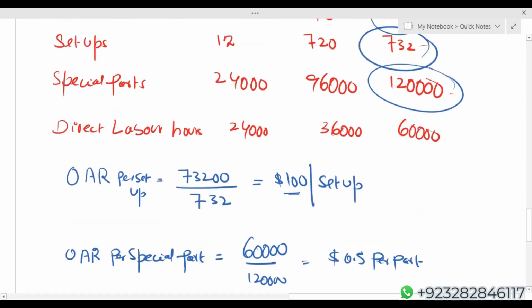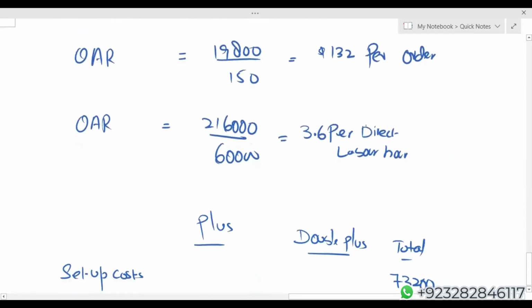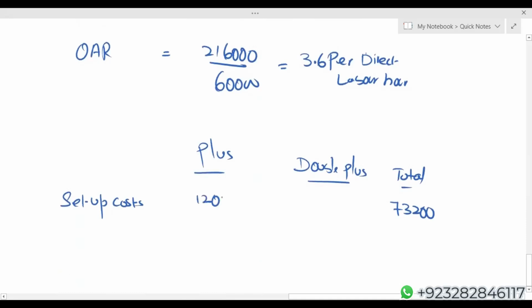And how many setups do we have in plus? In plus, we have 12 setups. Now, students, try to understand. Per setup, the overhead absorption rate is $100, and plus has 12 setups. So 12 multiplied by 100 gives 1200. Now 73,200 minus 1200 gives us 72,000.